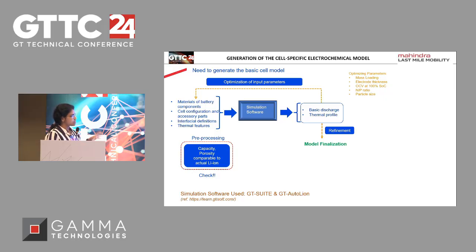These are put into the simulation software to generate a basic discharge and thermal profile. And these profiles we try to match with our test data, which we obtain in our cell testing.